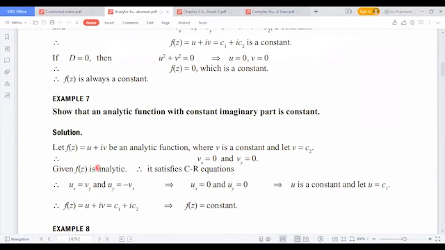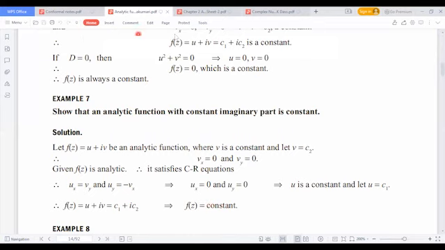Since f(z) is analytic, the Cauchy-Riemann equations are satisfied: the partial derivative of u with respect to x equals the partial derivative of v with respect to y, and the partial derivative of u with respect to y equals minus the partial derivative of v with respect to x. So ux equals 0 and uy also equals 0. Hence u is constant. Integrating, we get u equals c1. Putting in the values of c1 and c2, the function is also constant.